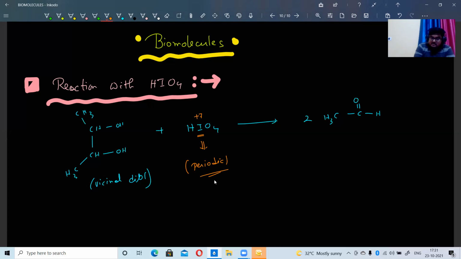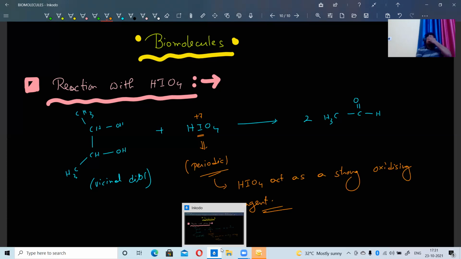That's why periodic acid, HIO4, acts as a strong oxidizing agent.